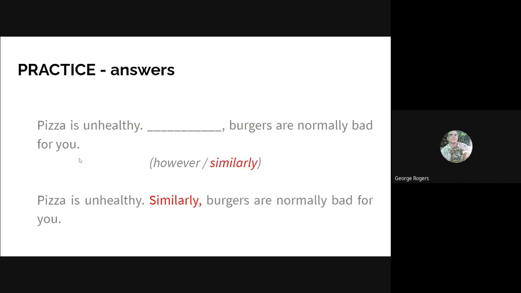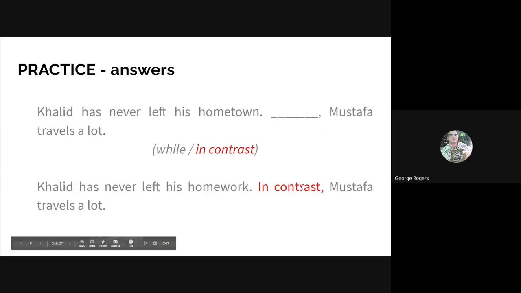Pizza is unhealthy, period. Blank. Burgers are normally bad for you. Unhealthy, bad for you. Close together ideas. So transition, pizza is unhealthy. Similarly, burgers are normally bad for you. Number 5, Khalid has never left his hometown, period.